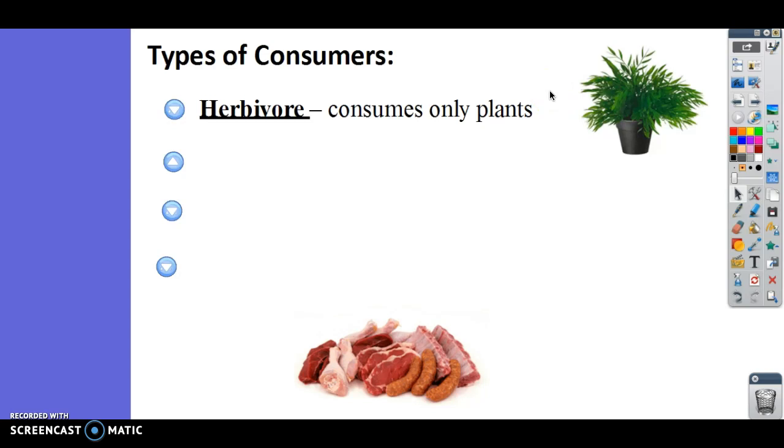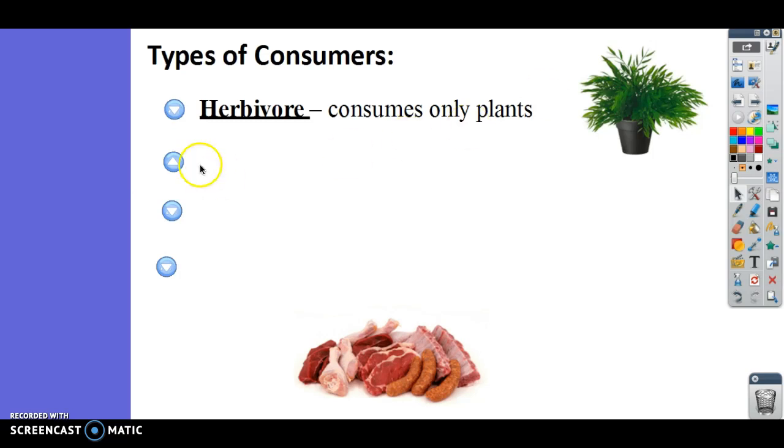If they don't eat any other animals, then they are considered herbivores. A lot of insects are herbivores because they just eat grass and other leaves. We also have four-legged animals like deer and giraffes. Those are herbivores as well.